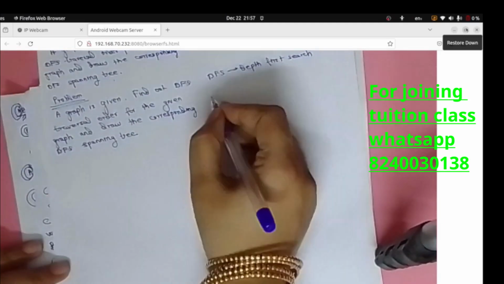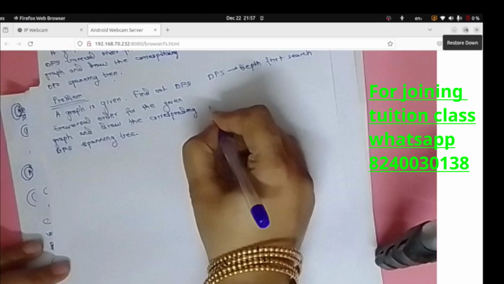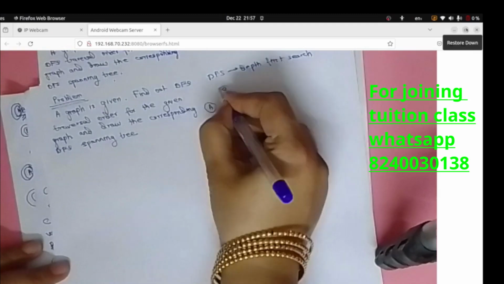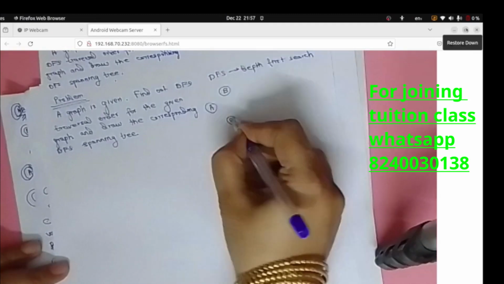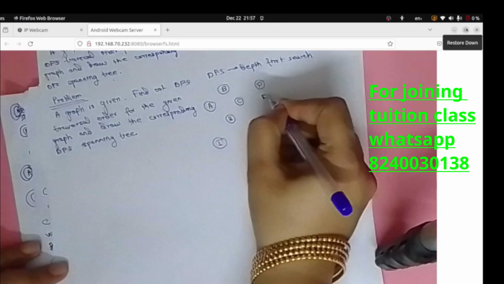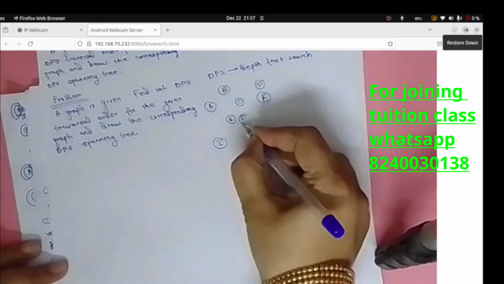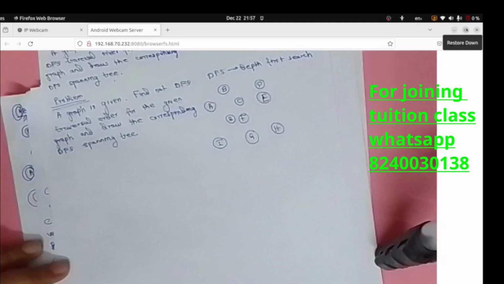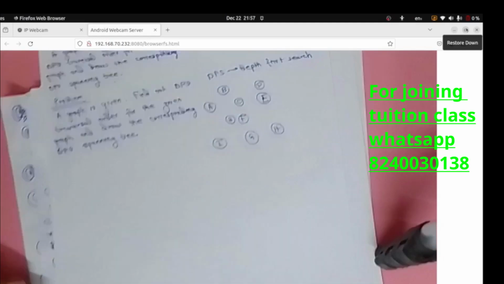The example has the vertices A, B, S, C, D, E, F, G, H. These are the vertices, and this is how they are connected.